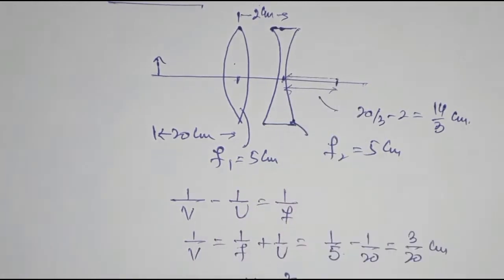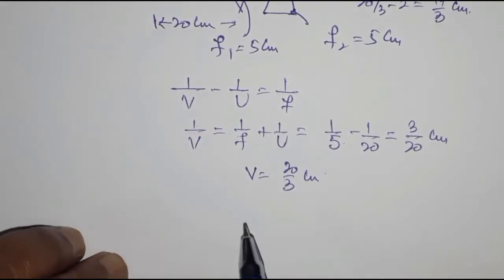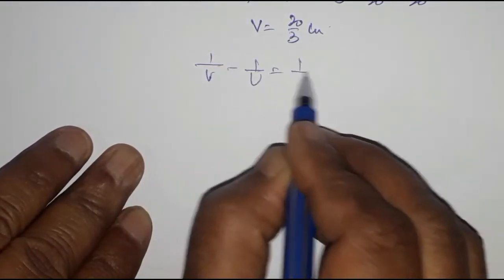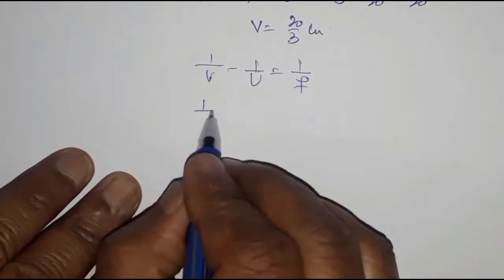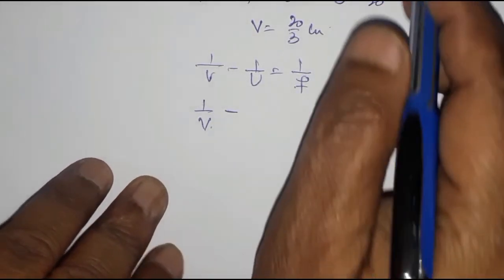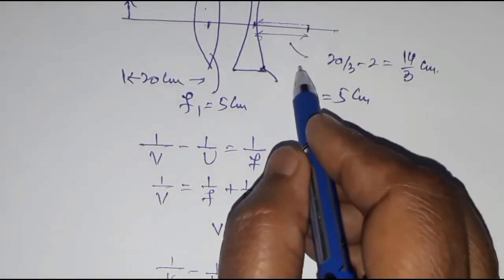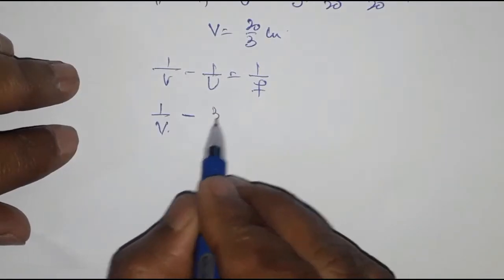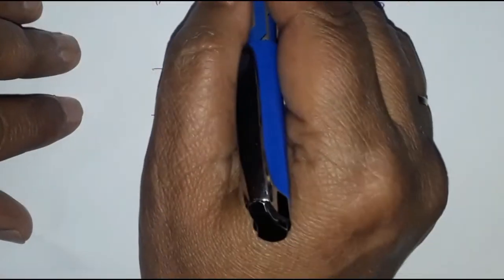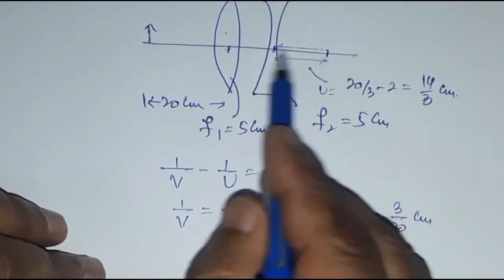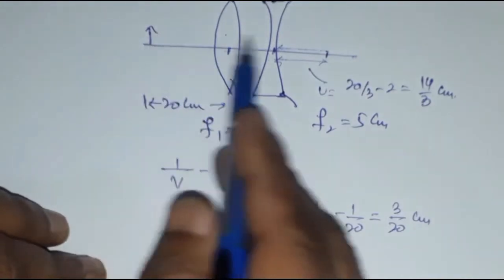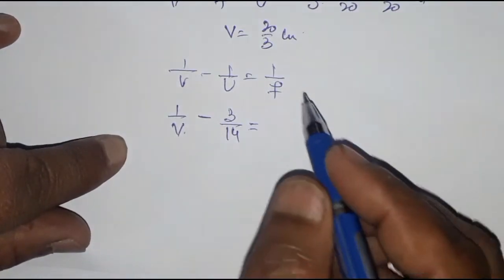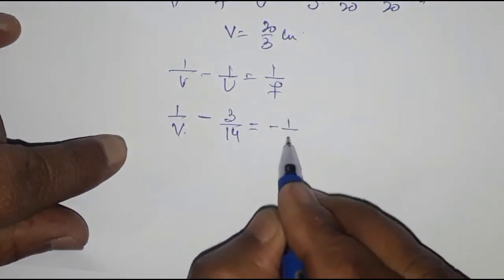Again applying the lens formula for the second lens, 1 by V minus 1 by U is equal to 1 by F. We have to find the image. Here U is 3 by 14. Since this is a virtual object, with distance taken from this to this towards the left, it will be taken as positive. 3 by 14 equal to 1 by F, and F in this case is negative, minus 1 by 5.